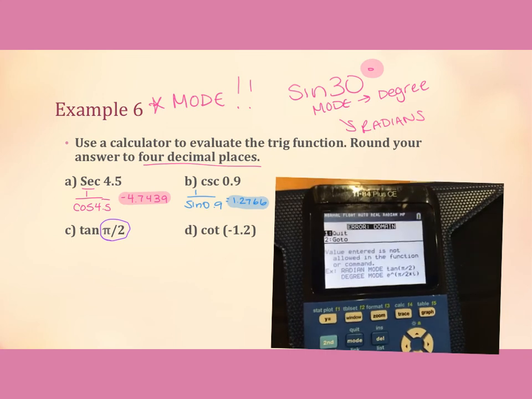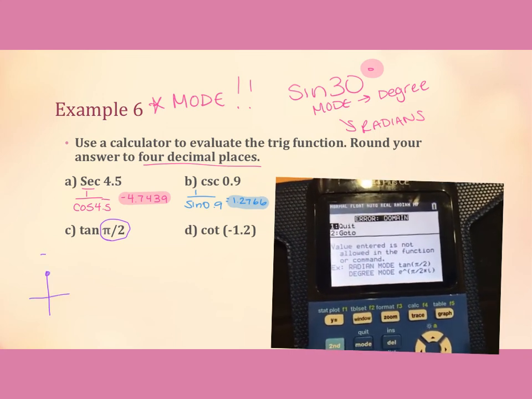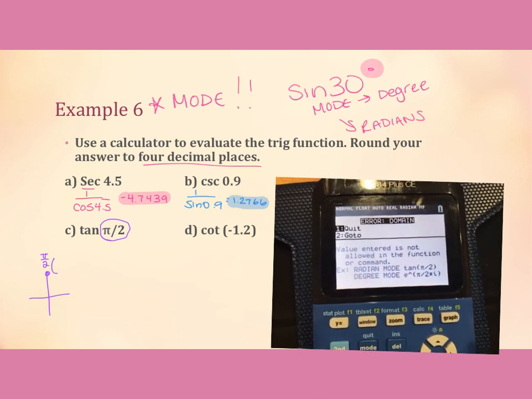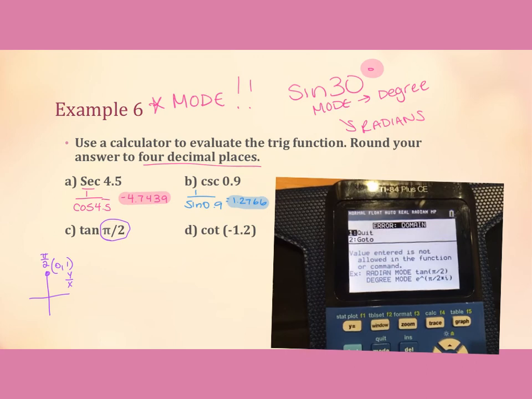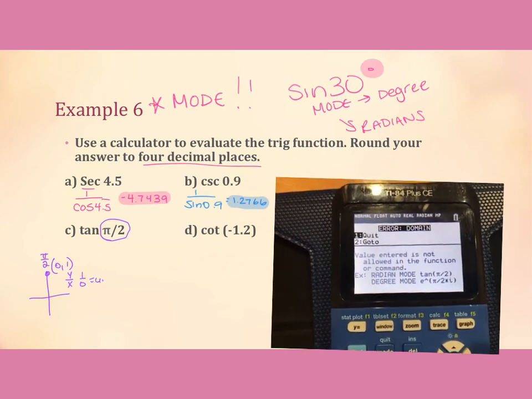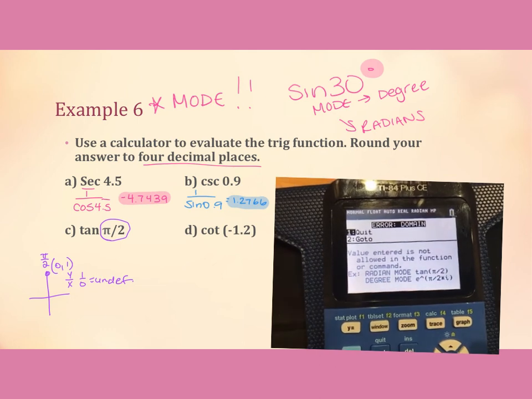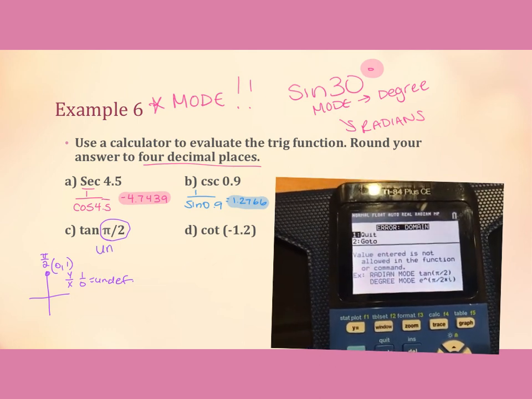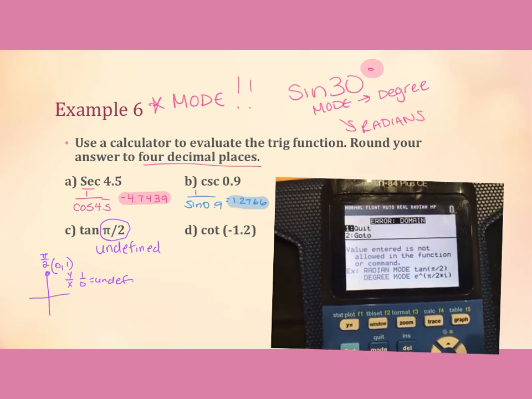And this should make sense because at tangent of pi over 2, which is at the top, the coordinate point there is 0, 1. So if I did y over x, 1 divided by 0 is undefined. Your calculator is giving you that error because it doesn't know how to find undefined, which would be the answer for the tangent of pi over 2.